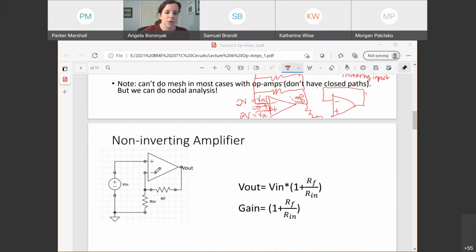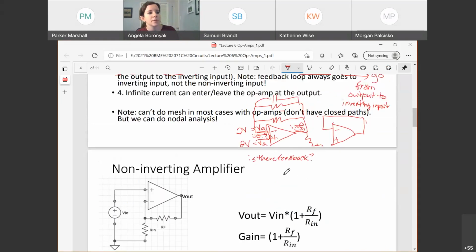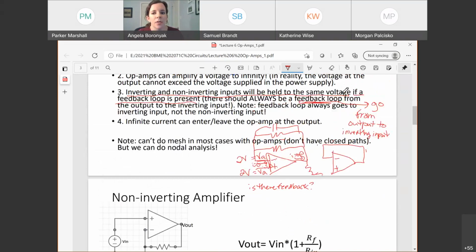But I have my inverting input. Do I have a feedback path here? Based on how we defined feedback, in this circuit, is there a feedback path? Yes, good, Miriam. What was the feedback path?